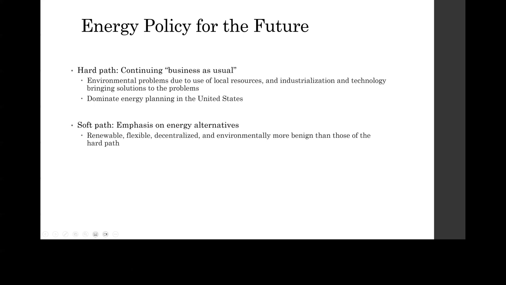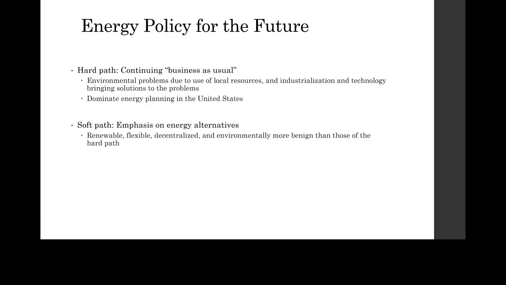So I think we are slowly turning to the soft path, with strategies to increase alternative energy sources, transition from oil and coal to other energy resources, greatly reduce environmental consequences of burning coal, and reduce our dependence on foreign oil. And that's the way it's being decided.